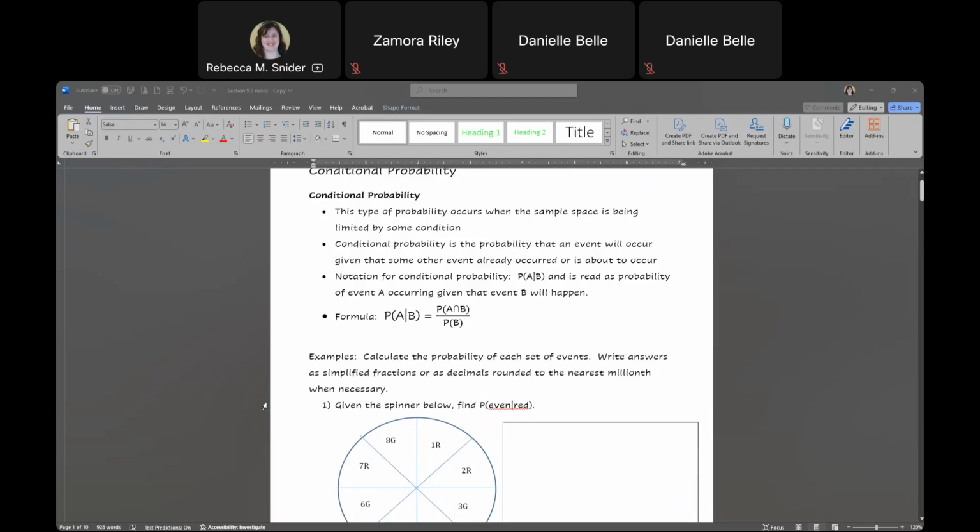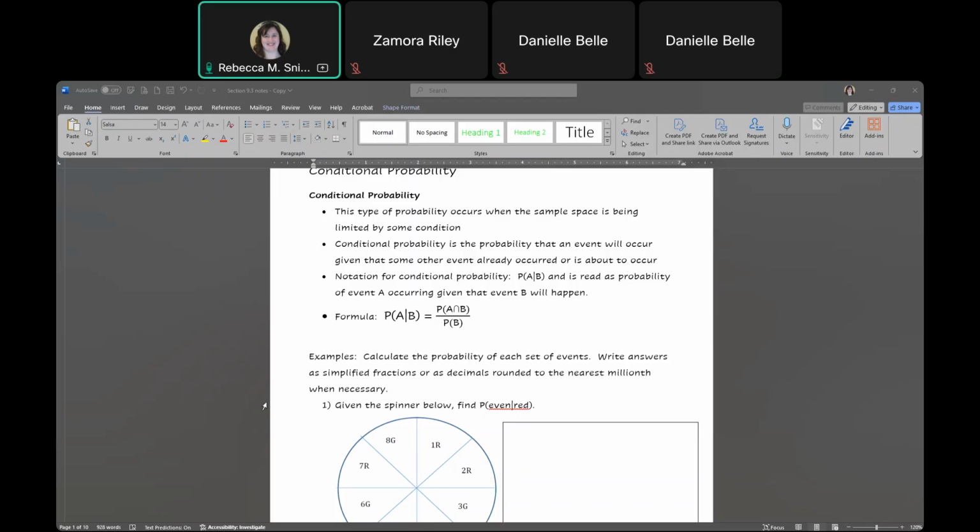Perfect. All right, so 9.3 is the multiplication property, and it also uses conditional probability. So we have to look at conditional first so that we can actually work through your multiplication property.